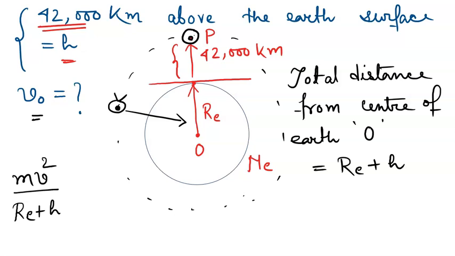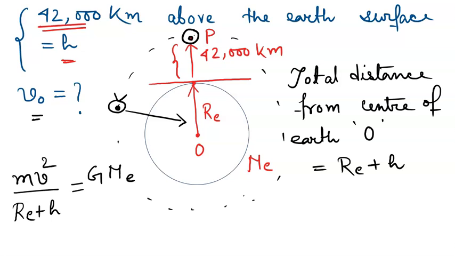The same thing is happening over here also. The satellite is moving in this circular orbit, and the centripetal force towards the center will be equal to the gravitational force between the earth and the satellite.